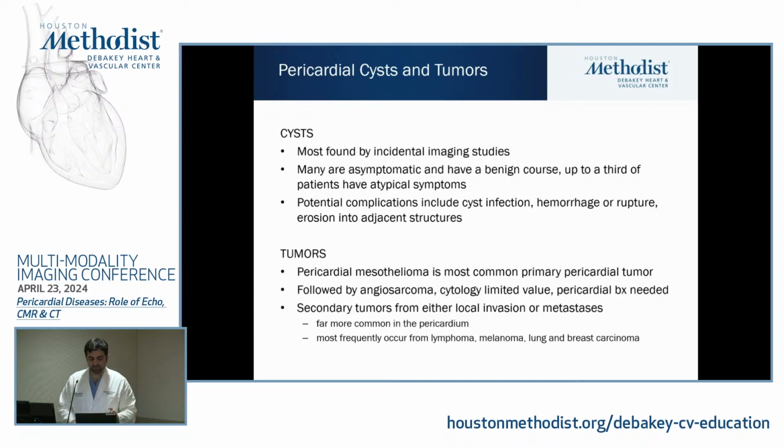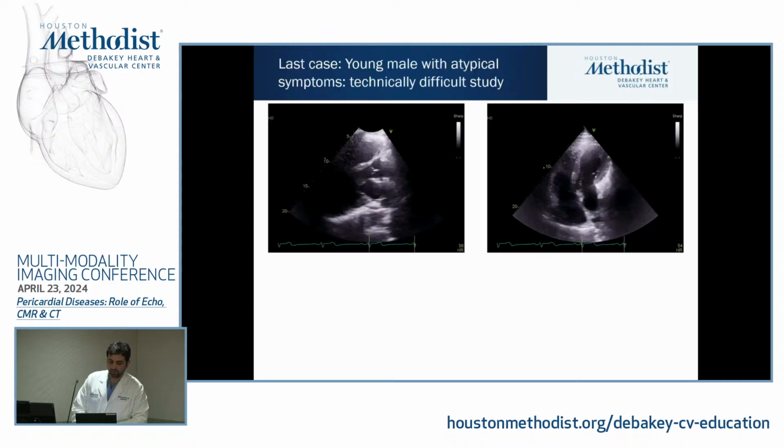Tumors: when it comes to primary pericardial tumors, mesothelioma is the most common one, but that's very rare. The vast majority will be metastatic disease, usually from breast, lung, melanoma, lymphoma. And for these, you should consider doing an MRI in almost all patients.